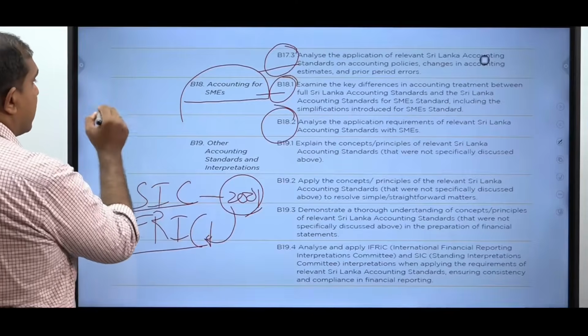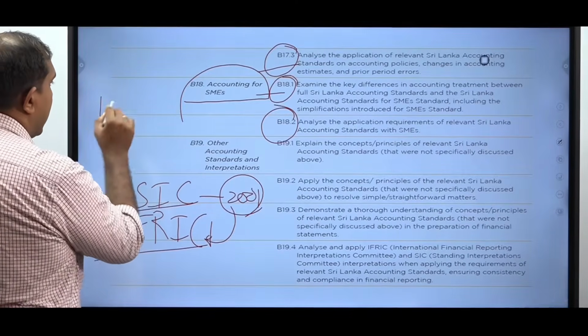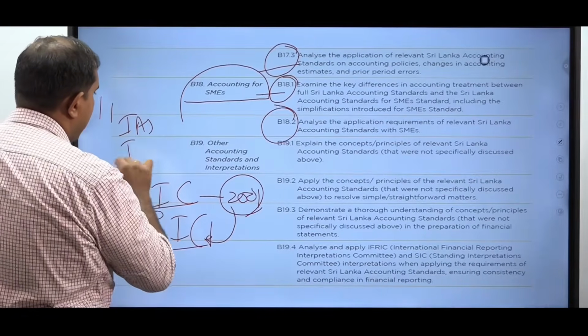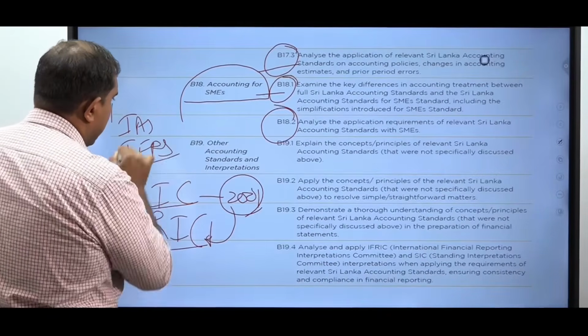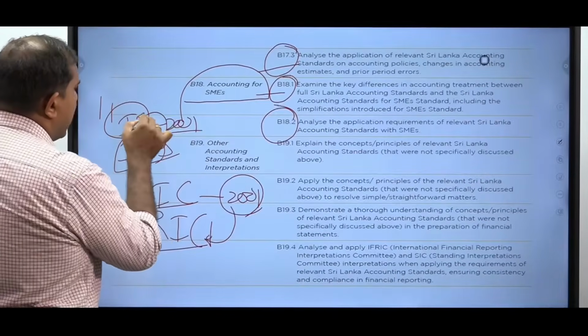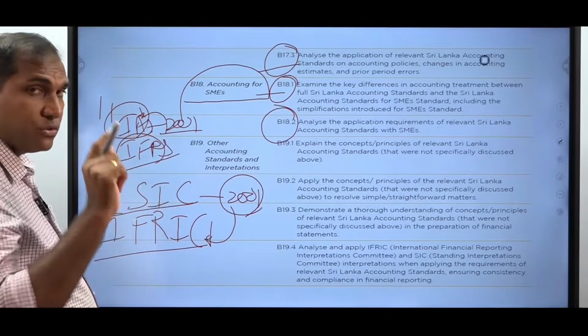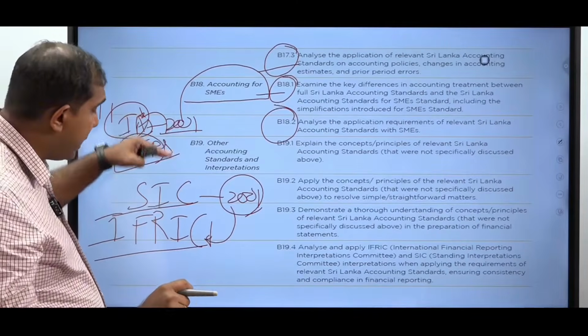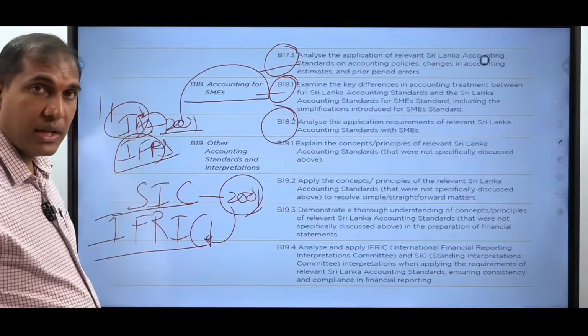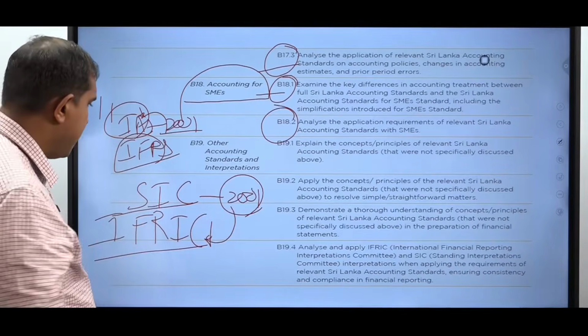The same reason was there for IAS and IFRS. Until 2001, they used the name IAS, but after 2001, IASB has changed the name to IFRS. That's the difference, right?